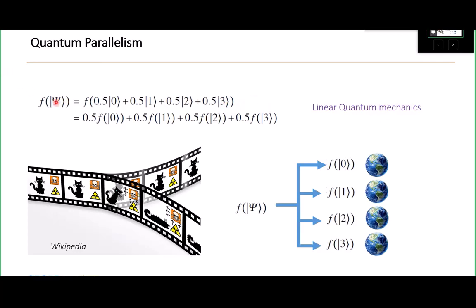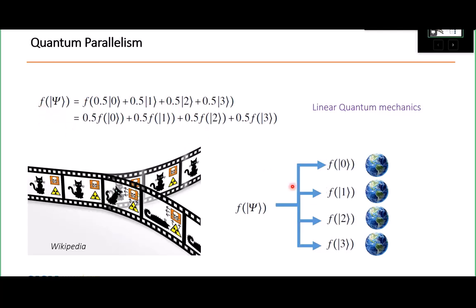If I am able to do some operation on psi, then it will distribute to all of the basis states. So basically, if I want to do a computation on these basis states, I can do all the computation in one shot, because first I form the superposition and then I apply the operation, right?